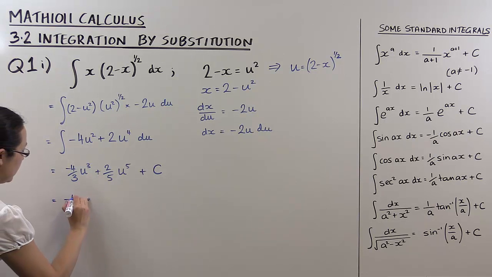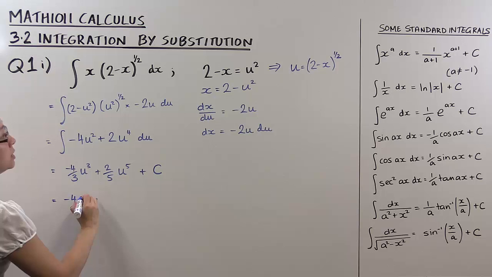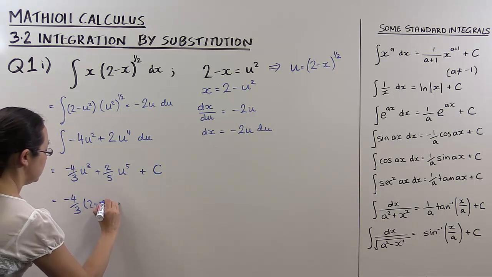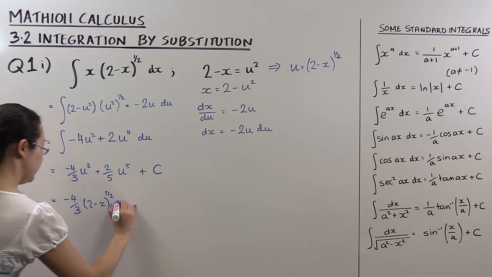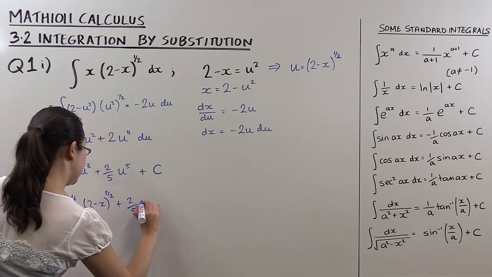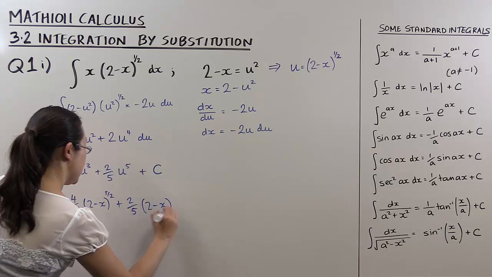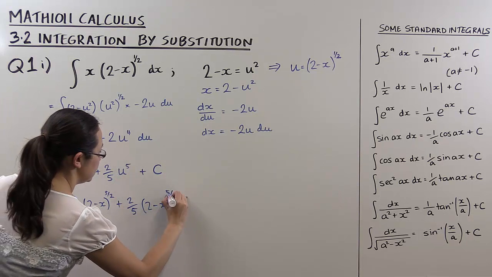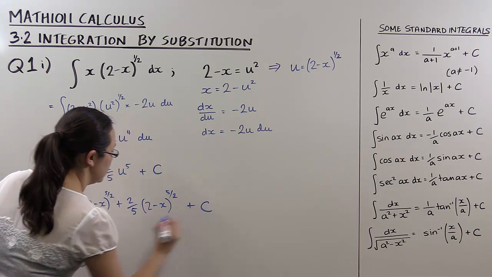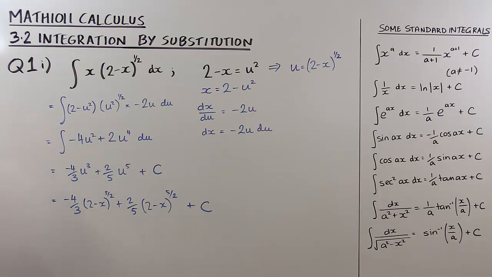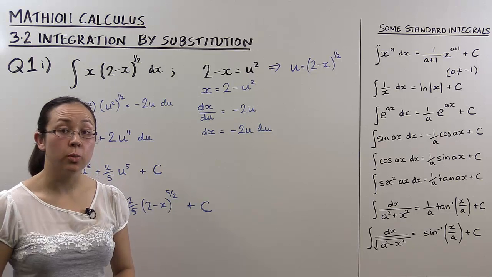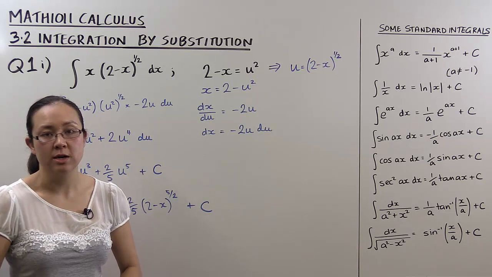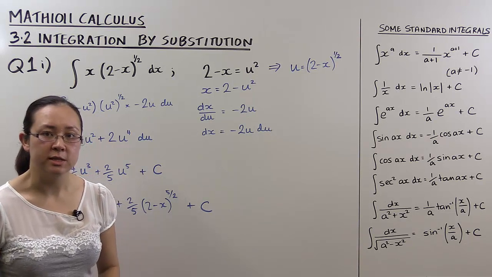So we'll get minus 4 thirds, 2 minus x to the half to the 3, which is to the 3 on 2, plus 2 fifths, 2 minus x to the half to the 5, which is to the 5 on 2, and then plus a c there. Okay, so we're using this substitution given to us, and that substitution wasn't equivalent to an integration by inspection in this particular question.